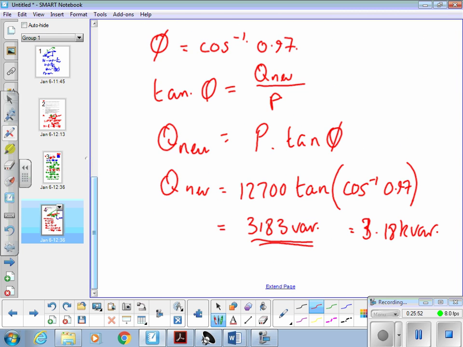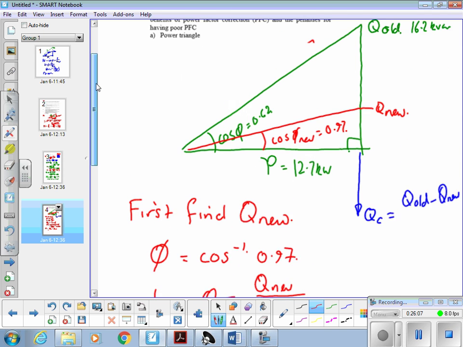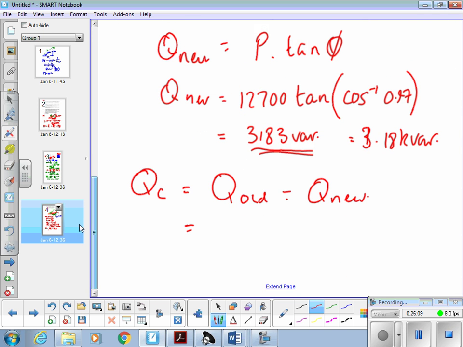So we can now say QC is equal to Q old minus Q new, which is 16.2 minus 3.18 equals.